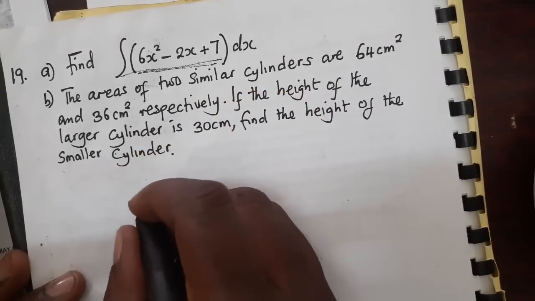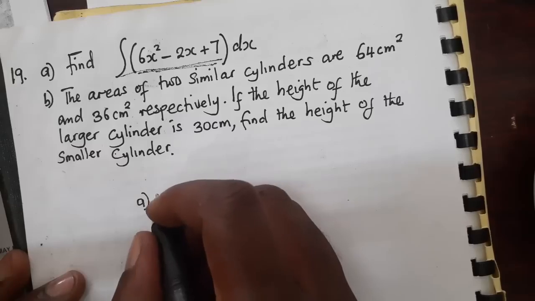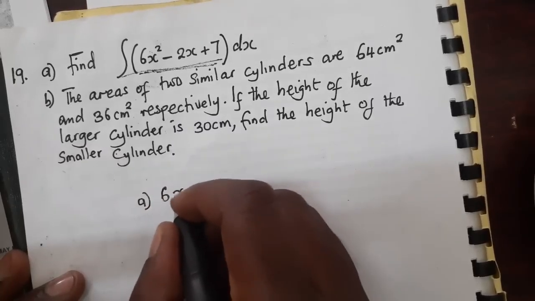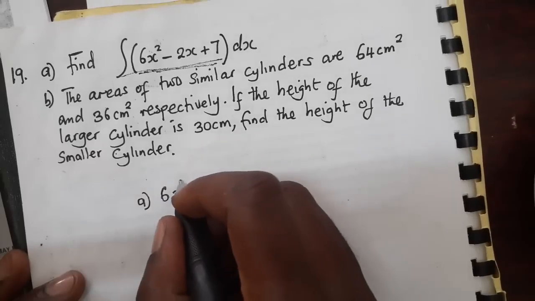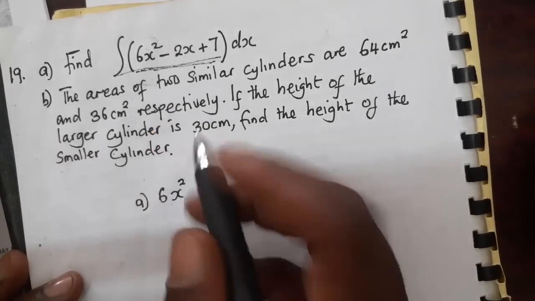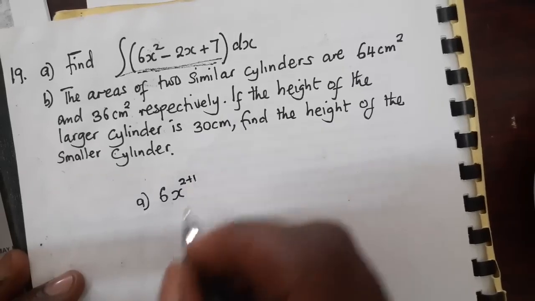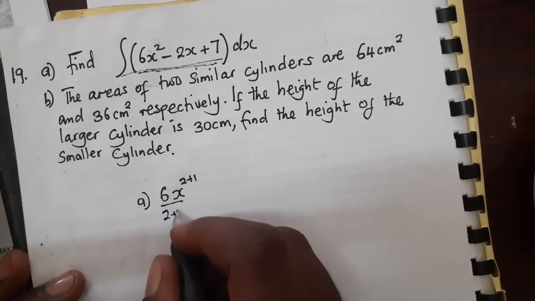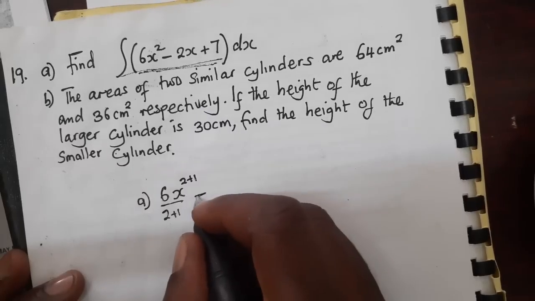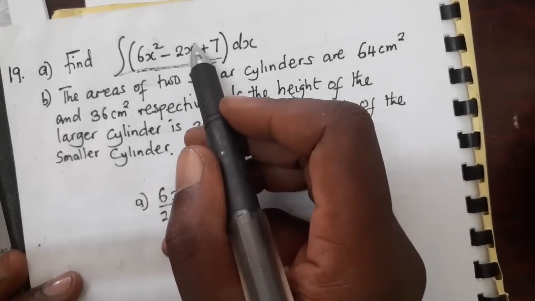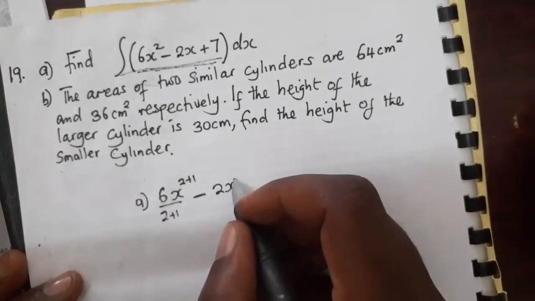So we are going to say a. So the integration here is going to be 6. So on this, to this power, we are supposed to add a 1. We add a 1, then again we divide this down here. So minus 2x. Now, bear in mind that on this part here, we have a 1.